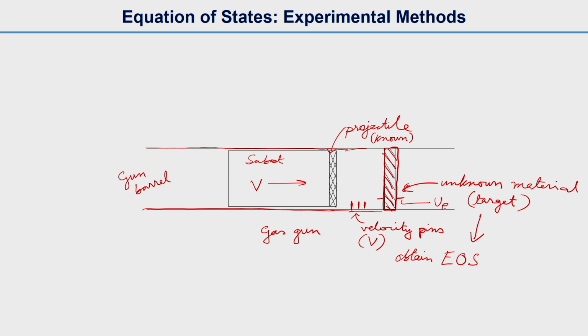This gun system is more convenient than the earlier one. It gives much greater control of the impact velocity v, and it also ensures planar contact.